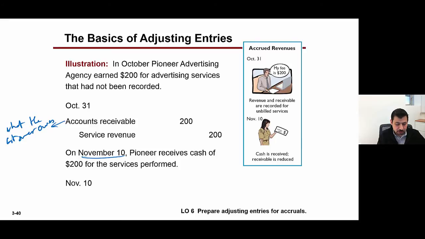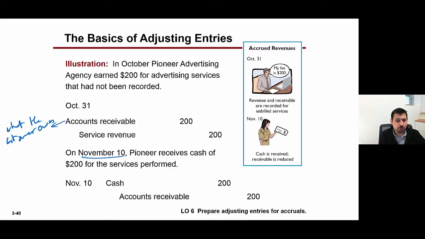Now, when the customer pays the cash, Pioneer is receiving cash that the customer owes them. It's not like they have performed new services, so it's not like they earned new revenue. This is why cash is debited $200. At the same time, the account that is credited is accounts receivable, because the customer is paying their debt.